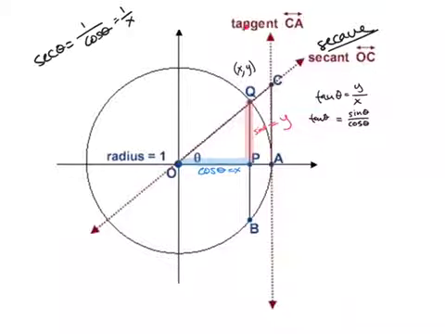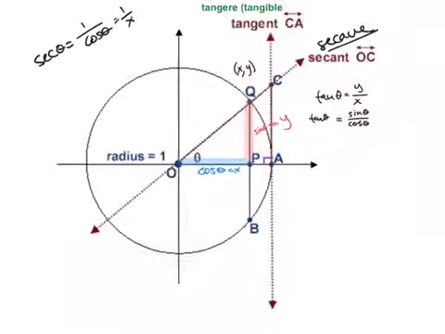And the tangent ratio's name comes from this line, CA. This line, CA, touches the circle in exactly one point, and any such line is called a tangent to the circle. The word tangent actually comes from a root word called tangere, as in tangible, and that means to touch.